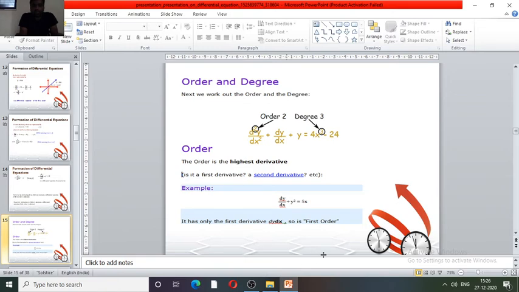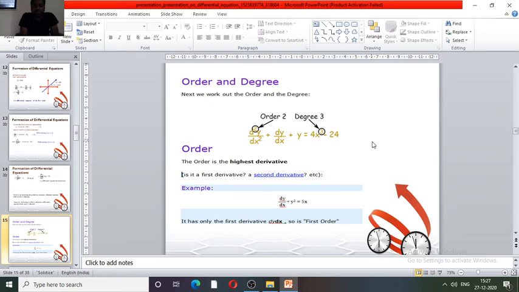In a similar manner, if we are discussing the order and degree of a differential equation, suppose we write d2y upon dx2 plus dy by dx plus y is equal to 4x cube minus 24.